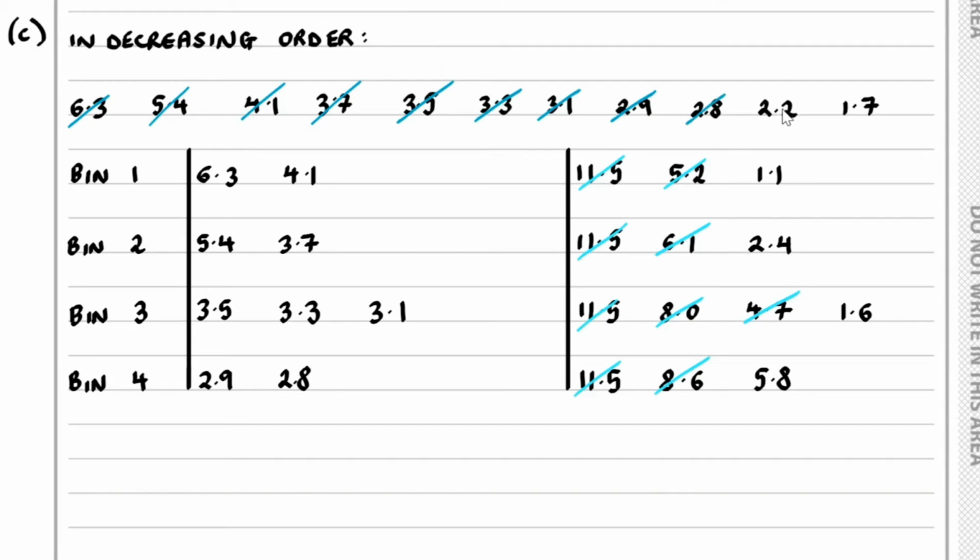Let's now take a look at the 2.2. There's not enough space in bin 1, however there is enough space in bin 2. So we can place the 2.2 into bin 2, and this will leave space 0.2. Now, if we take a look at the 1.7, there's not enough space in bin 1, bin 2, or bin 3, however there is enough space in bin 4.